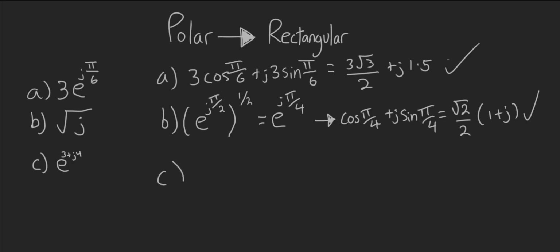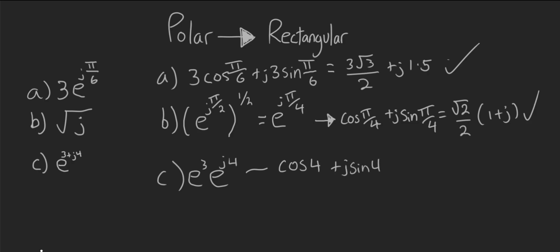Now for part C, we can again use a property of the exponential function to rewrite this as e to the third power multiplied by e to the j4. And let's start working with e to the j4 and convert that into rectangular form. So we have cosine 4 plus j sine 4.